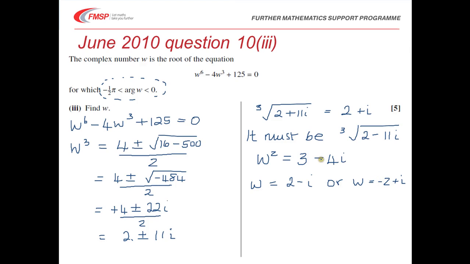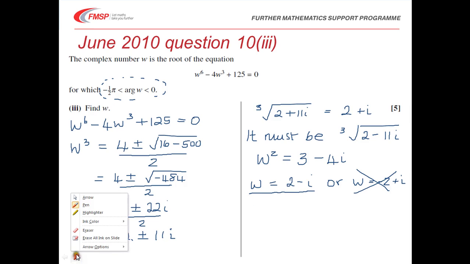It's the conjugate of what we were doing in part 1. Then of course this one is not going to be in the correct range, because remember we need omega to be between negative a half pi and 0. So that means that our omega is going to be 2 minus i. So 5 marks for that question.